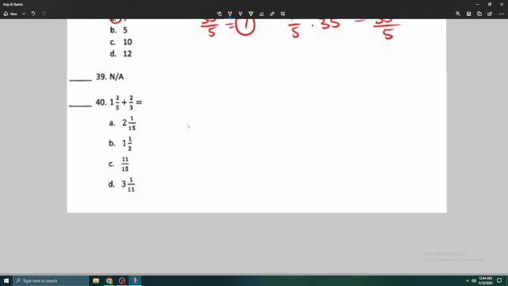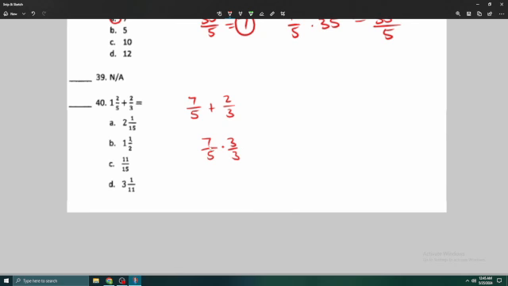Ooh, this is gross. The first thing I'm going to do here is convert this mixed number to an improper fraction. 5 times 1 is 5, plus 2 is 7 over 5, plus 2/3. Now I need common denominators, so I'm going to multiply both top and bottom over here by 3 over 3.